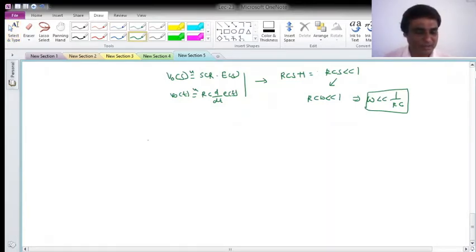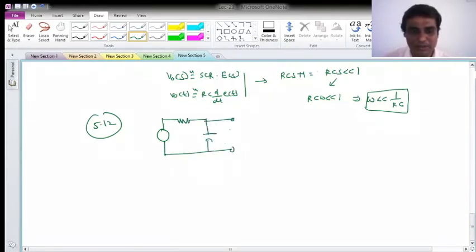Okay, next is 5.12. The same approach: suppose I have this R and now C, and then this is my V0(t), and this is my E(t).